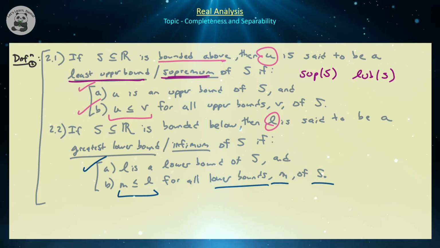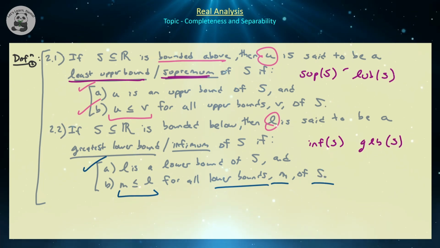And the same thing goes for infimum, that's abbreviated by INF of S, and some people also use GLB for greatest lower bound of S. Those are just some common notations that are used for these concepts.